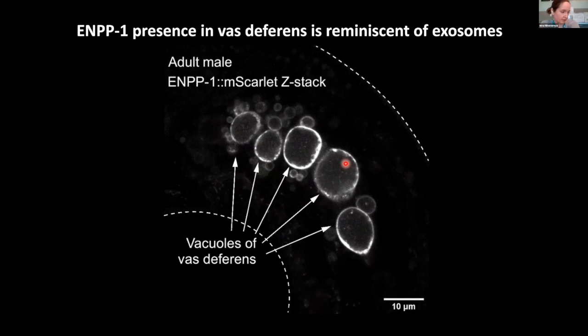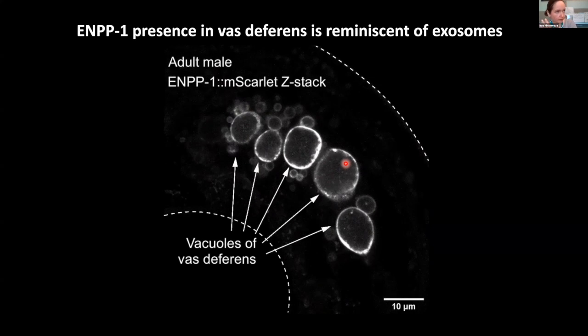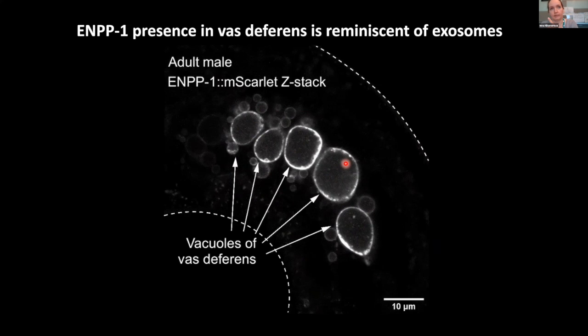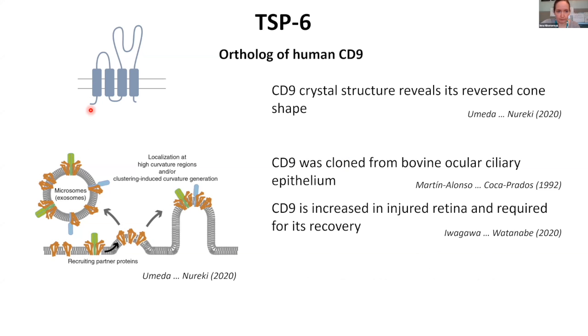Overall, C. elegans has more than 10 tetraspanins, called TSP something. Out of those, we have just 4 tetraspanins in our preps. I was not able to validate others, so I just didn't make reporters for them. But we have another interesting protein that is expressed specifically in PKD2 neurons. It does look like a tetraspanin, but it's a very unusual one. Normally, with transmembrane domains 1, 2, 3, 4, you would see a short loop and a long loop.